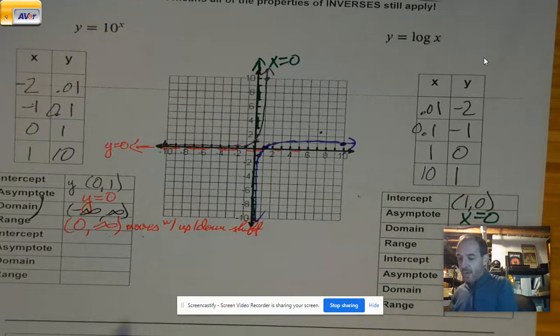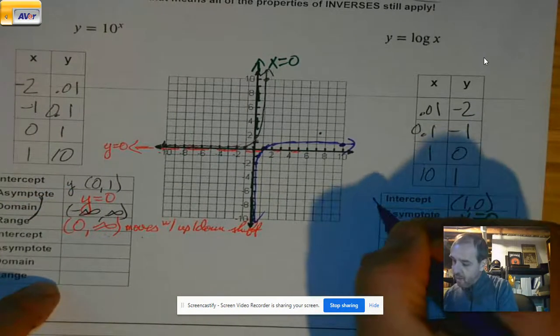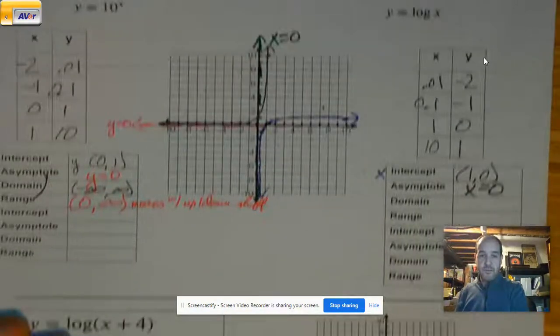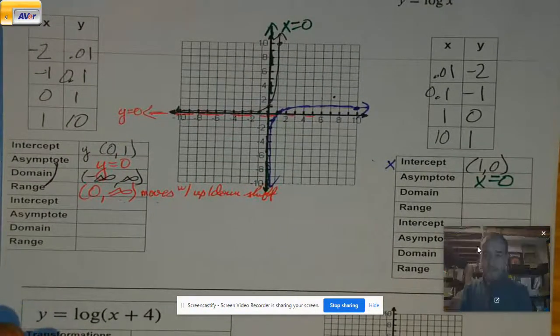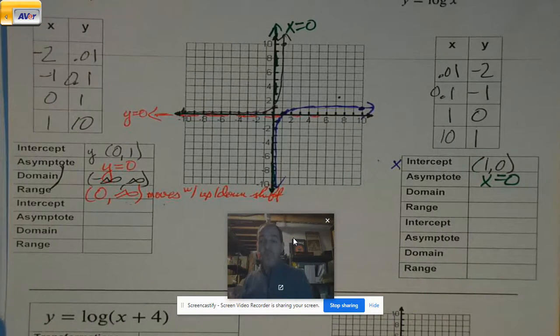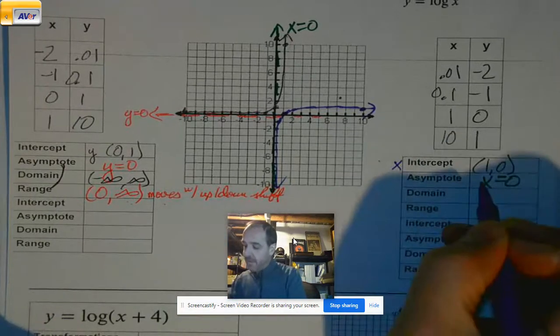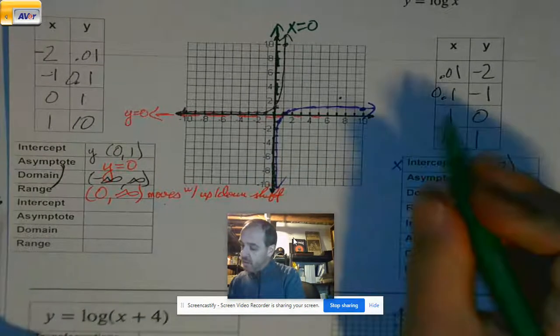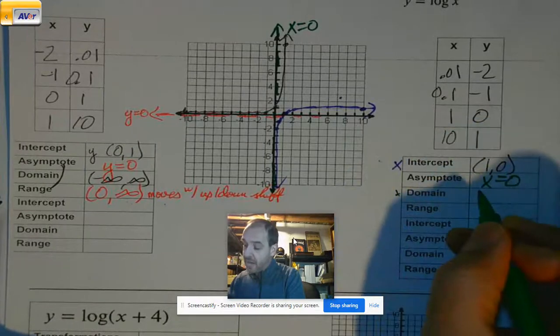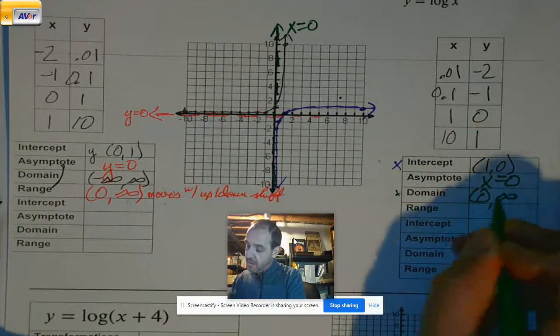So let's kind of start looking at some comparisons here. Over here, we had a y-intercept. Now in this one, we have an x-intercept. That's not coincidence. My domain is not infinite this time. Notice how the asymptote is x? Well, so is my domain. So my domain goes from left to right.